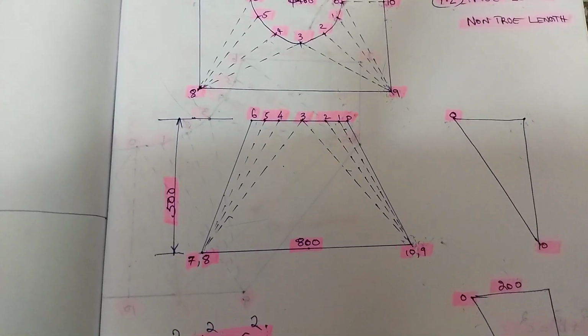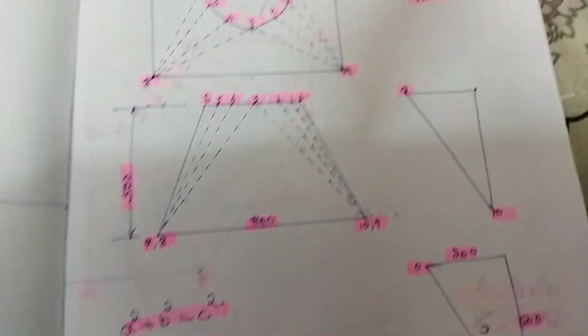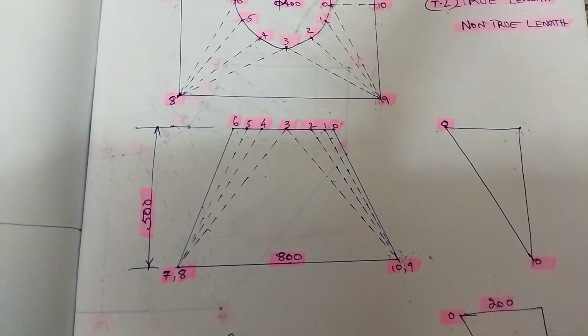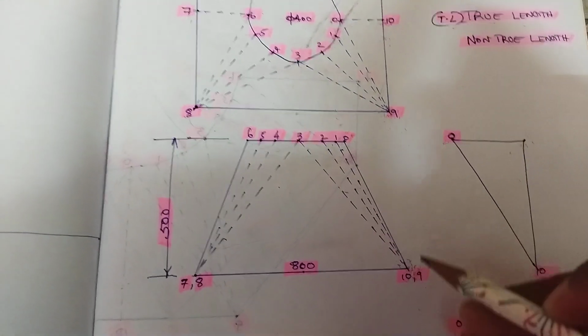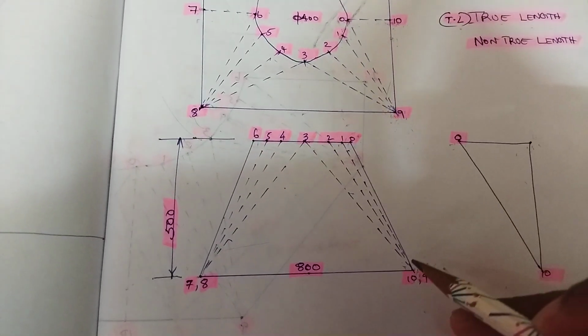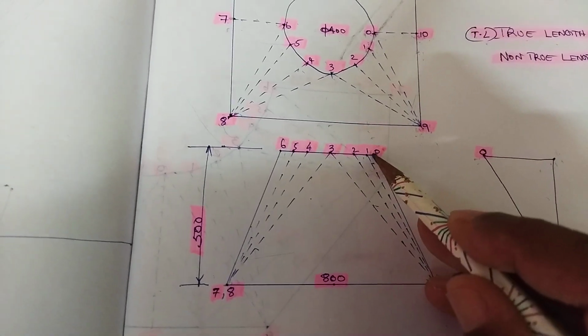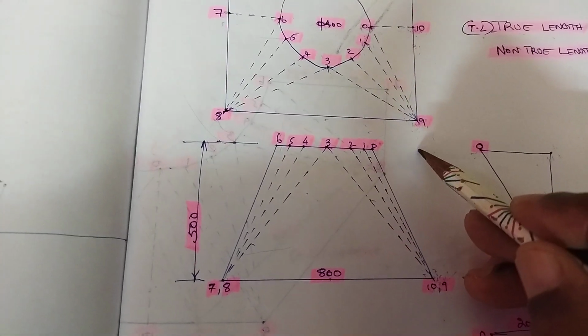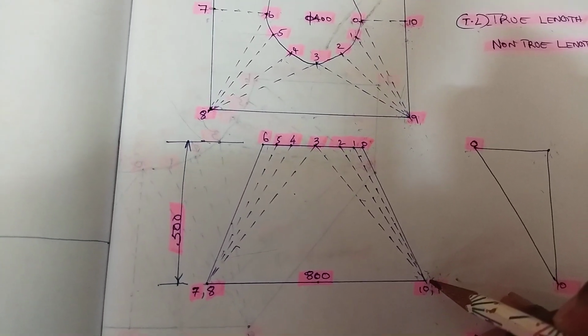I have taught you about some formulas. A square plus B square is equal to C square. Through this, we can find out this measurement. We shall make a triangle like this, from here to here and from here to here and from here to here. That is a triangle.